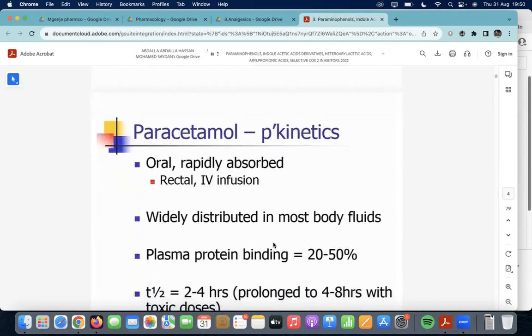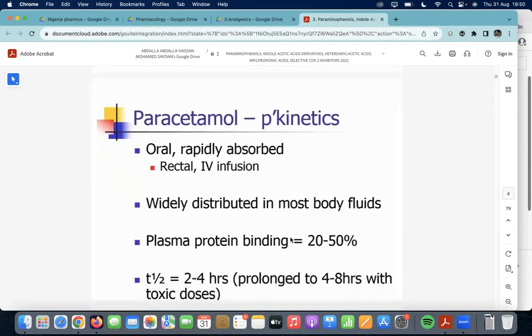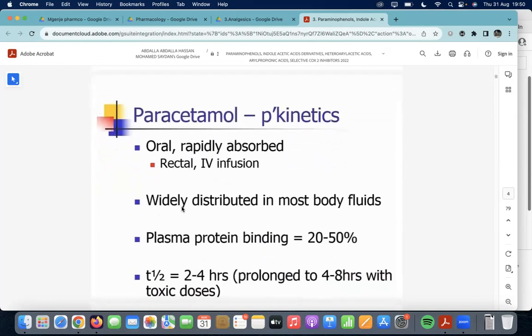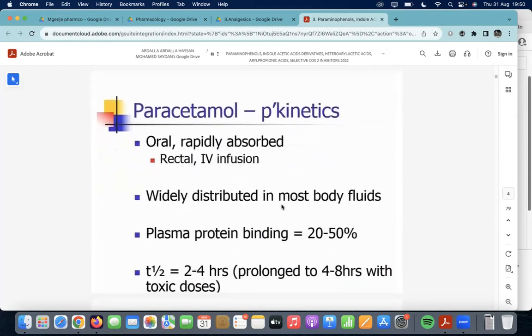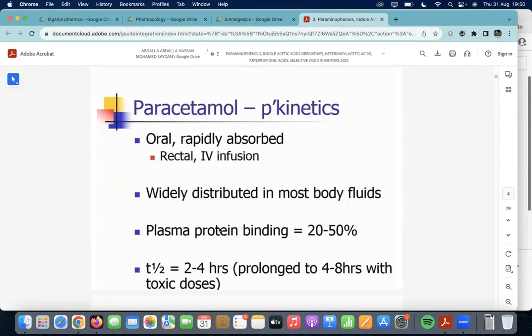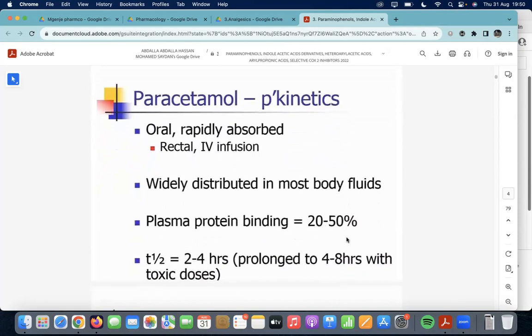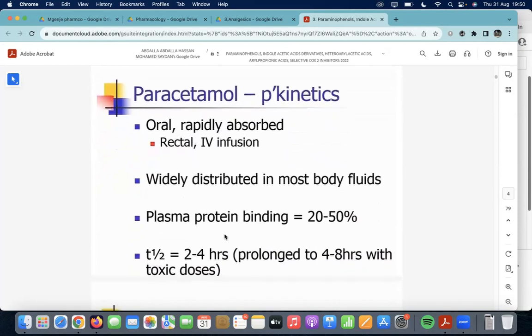They're widely distributed in most body fluids, which could mean a large volume of distribution. Plasma protein binding is 20 to 50%. When a drug is highly protein bound, less of it is taken up into tissues, so the effect of that drug is lowered.